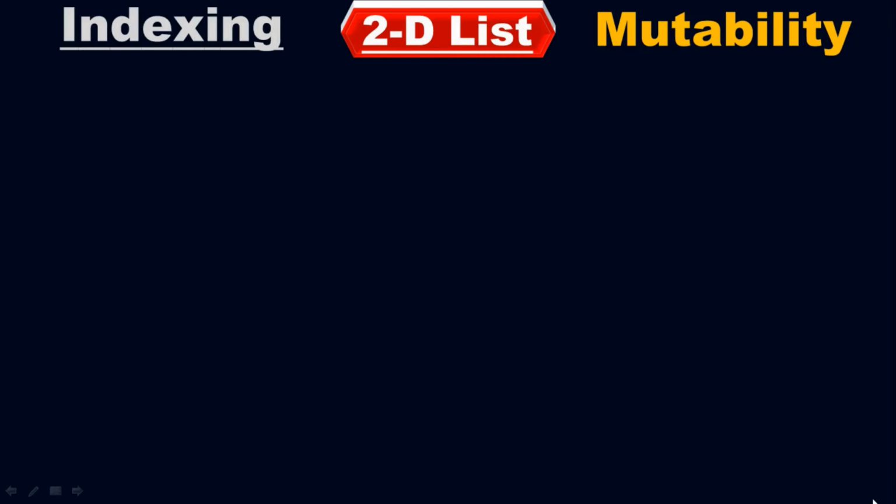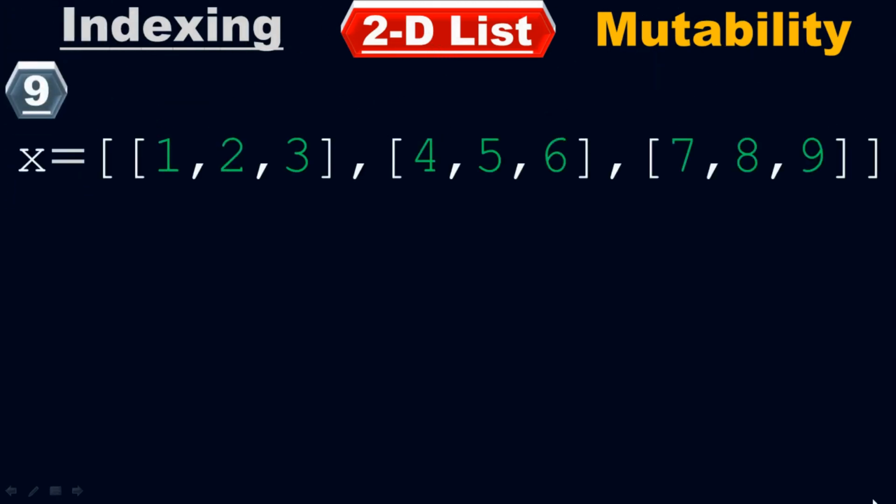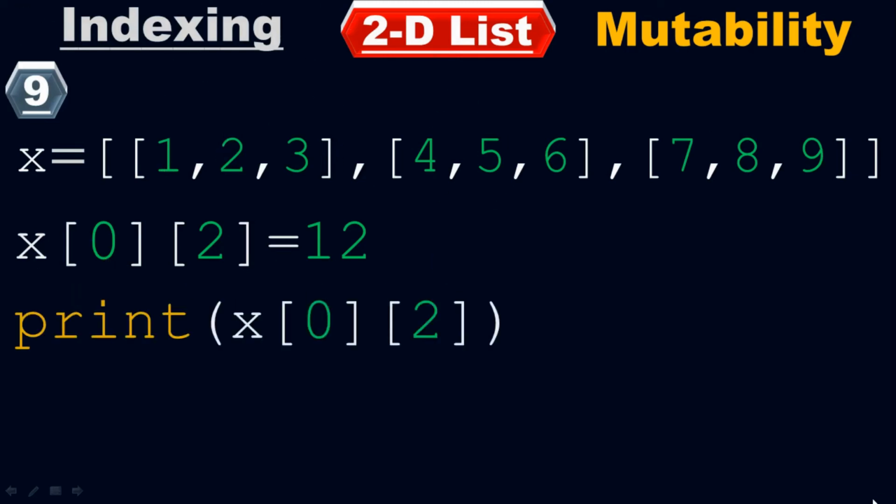Let's do some examples here. Example number 9. x equals 1, 2, 3, 4, 5, 6, 7, 8, 9. x of index 0, index 2 equals 12. Take the print of x of 0 of 2, and you will get 12 in the output.